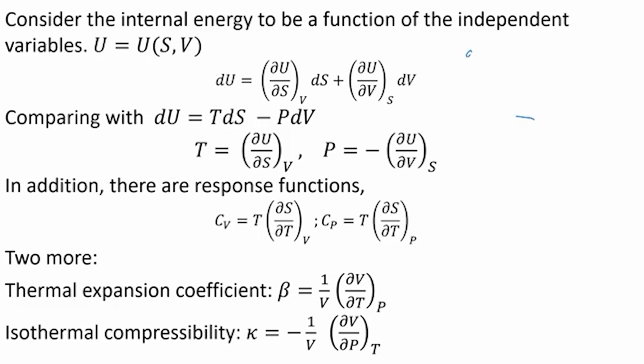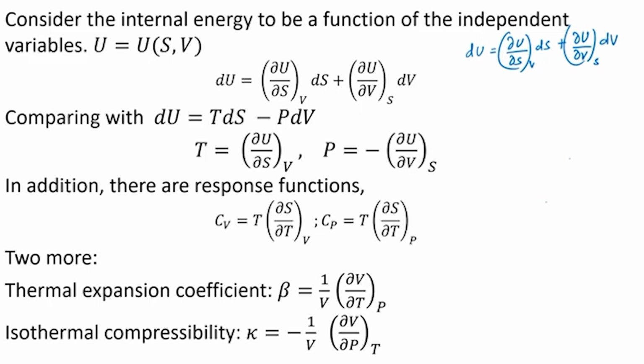So, dU is equal to, for example, del U del S: you change S at constant V, and this is dS, plus del U del V at constant S dV, which is what is written here.